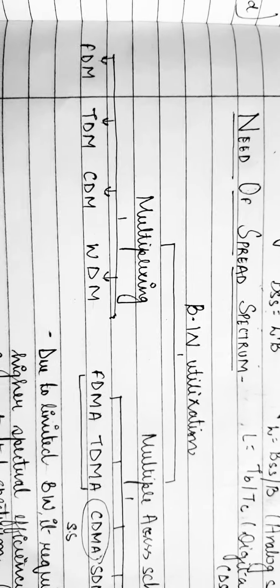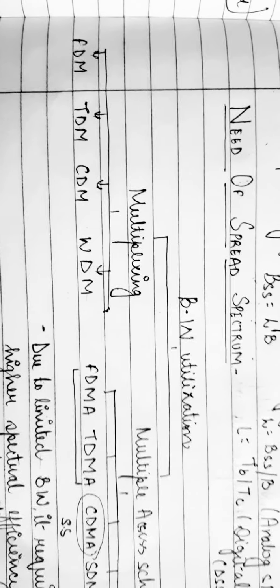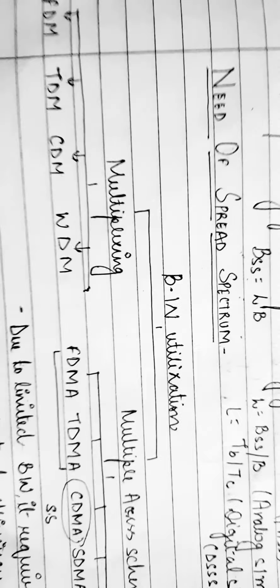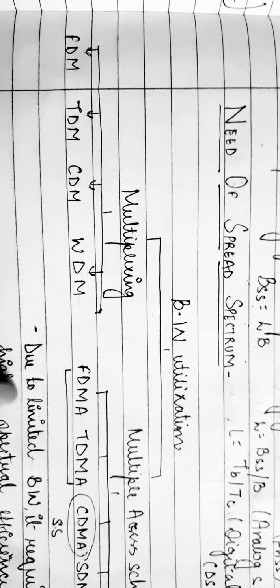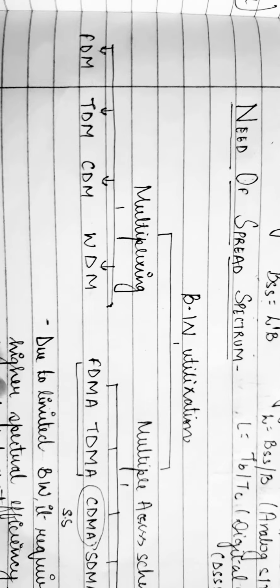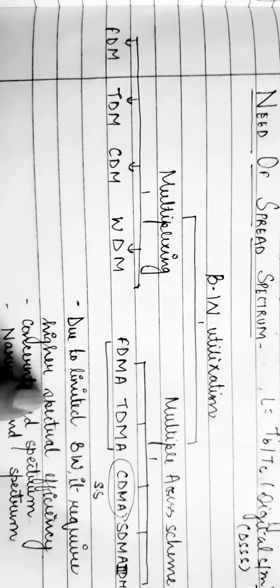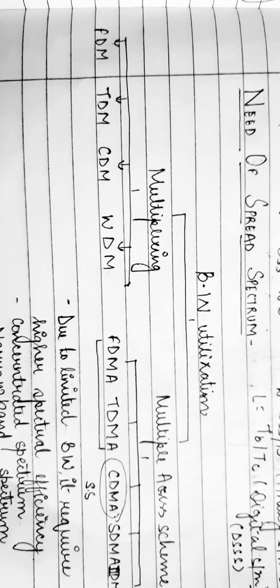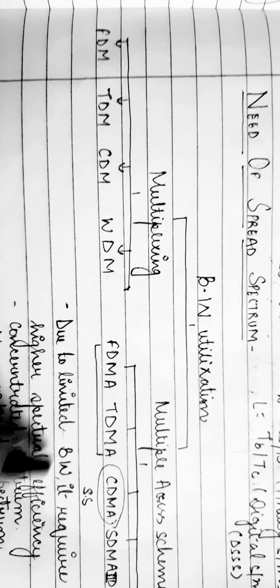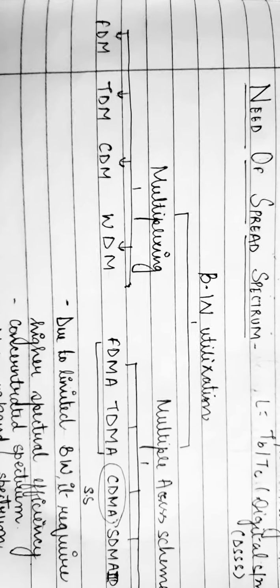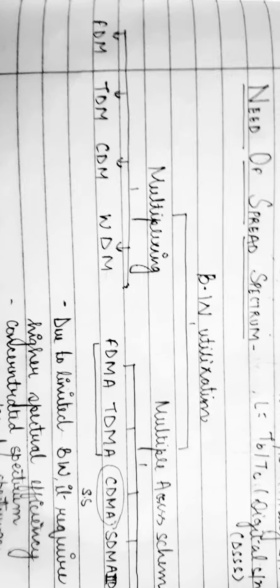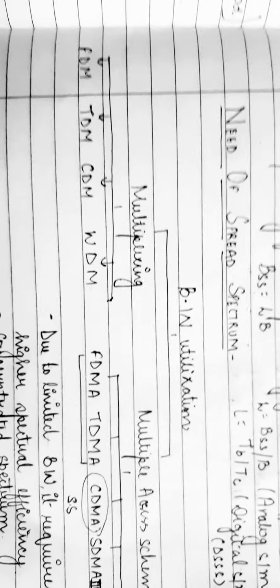The limitations of FDMA and TDMA were that, due to limited bandwidth, they require higher spectral efficiency. Also, due to the limited bandwidth, there was a narrow band spectrum, along with a concentrated spectrum. Because of these reasons, we go for CDMA, that is code division multiple access.